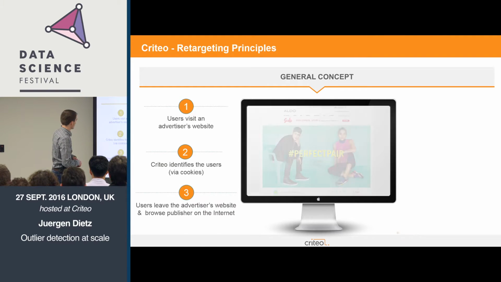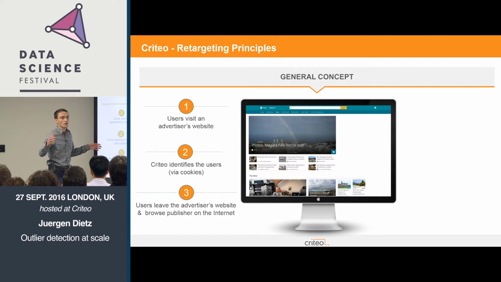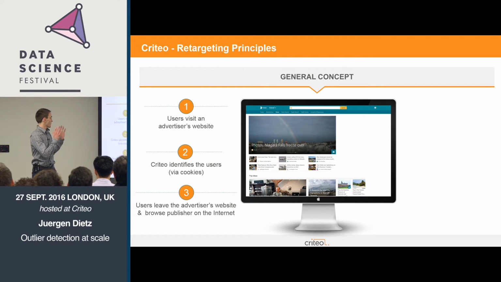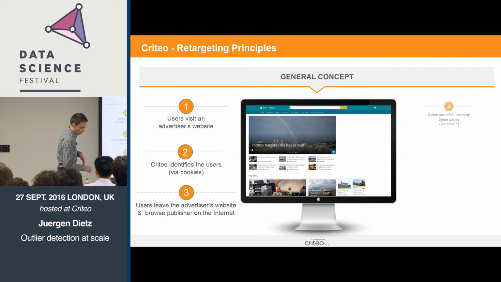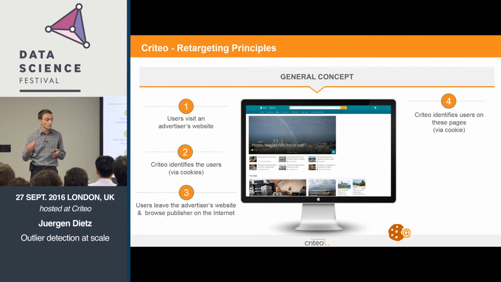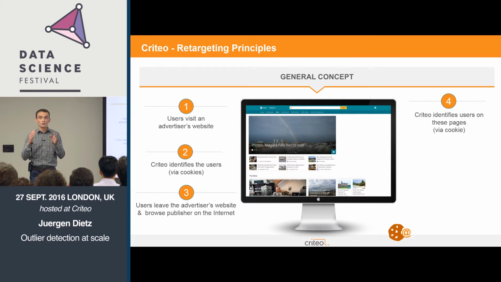And after a while, you go on serving the web in a wider scope. So you leave the advertiser website and you go on to other websites. And those websites hopefully then are publishers for Criteo. So publishers in the sense that on those websites we can show ads, right? So that's number 4. Yeah. So you go onto a publisher website. Because you have the same cookie, we can identify you there.